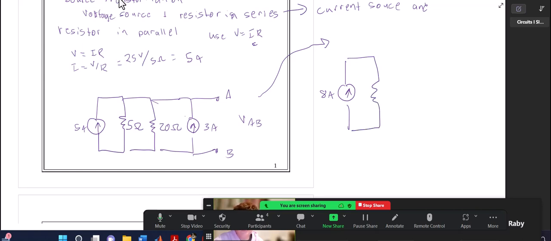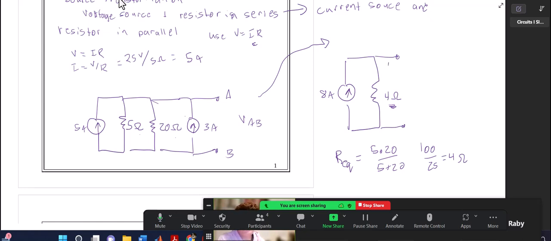My 2 resistors are in parallel, so that would be product over sum. So R equivalent is 5 times 20 over 5 plus 20, or 100 over 25, or 4 ohms. I always like to check when I do a resistor in parallel that the resistance I get needs to be smaller than either of the resistors were to start off with.